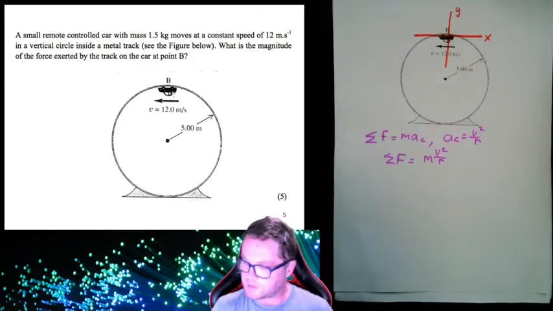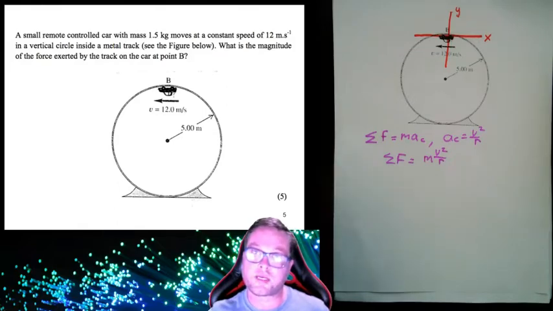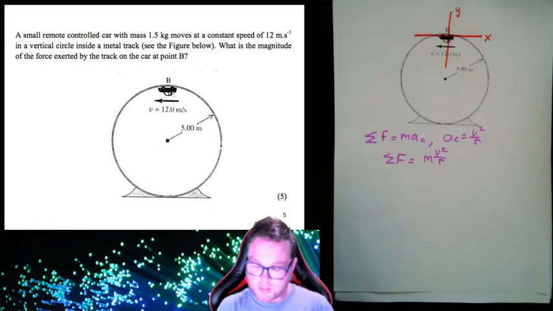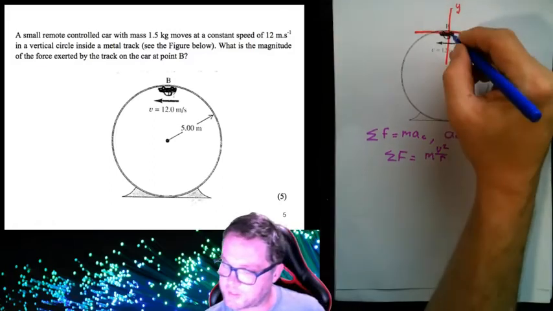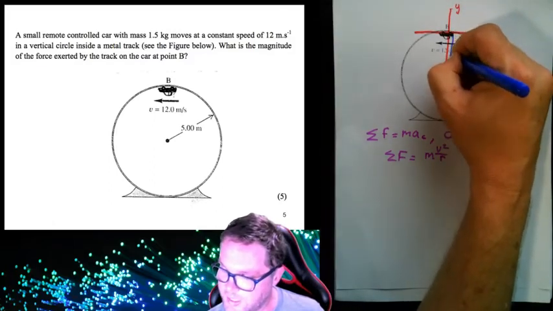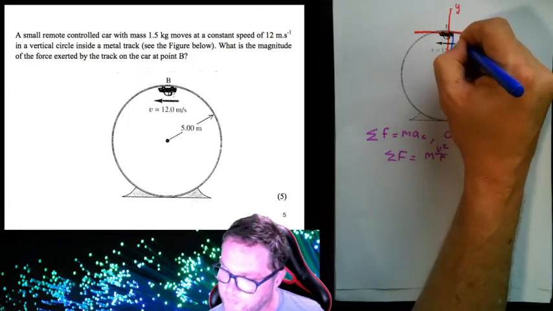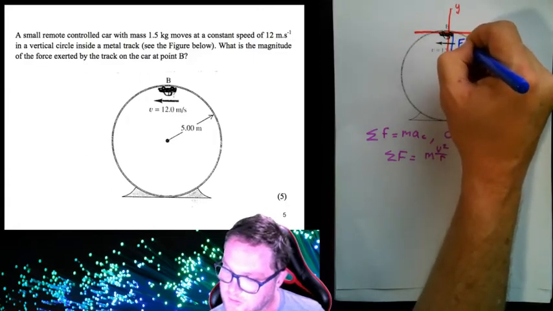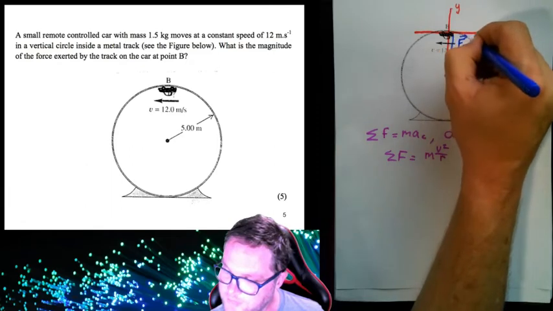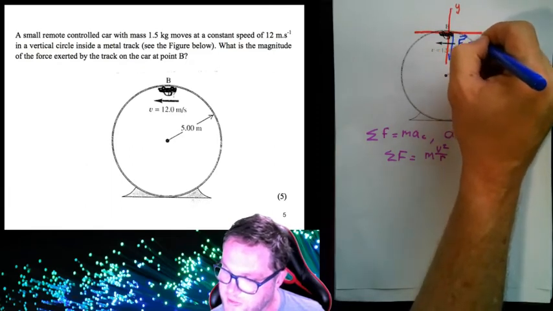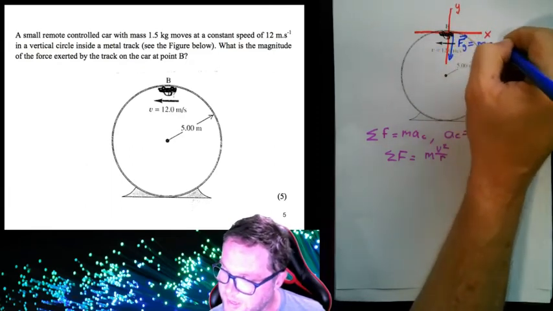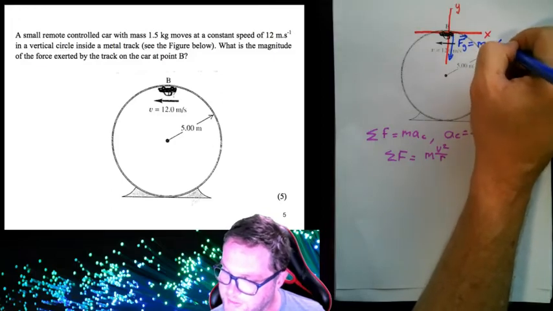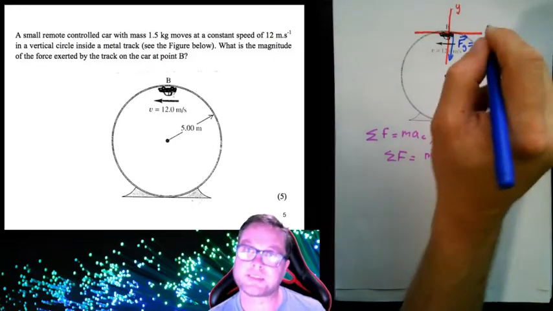From this point we go ahead and draw the individual forces acting on the object. The first force of interest to us is, as always, the force of gravity, and this is going to be mg, and remember this is going to be in the minus j hat. It's acting downwards.